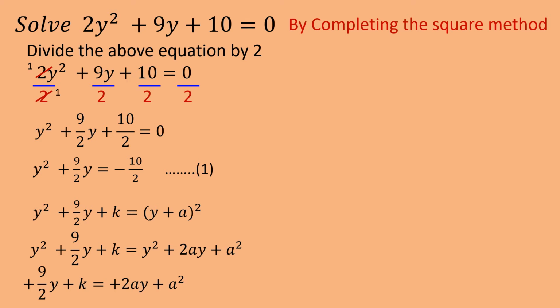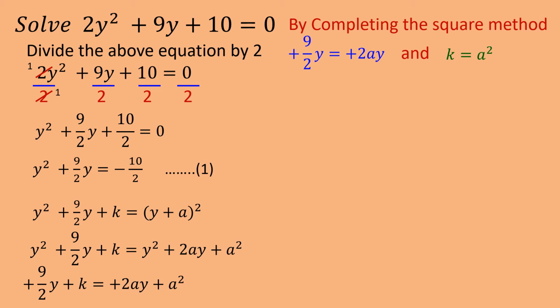When I compare, the linear terms are here 9 upon 2y and 2ay. They will be equal. See here. And the constant terms will be equal. Plus k is on the left hand side and a square is on the right hand side. So k equals to a square.